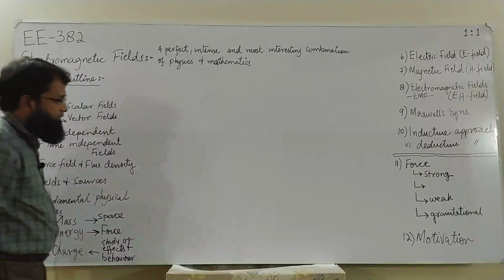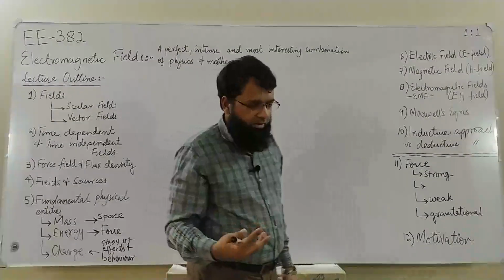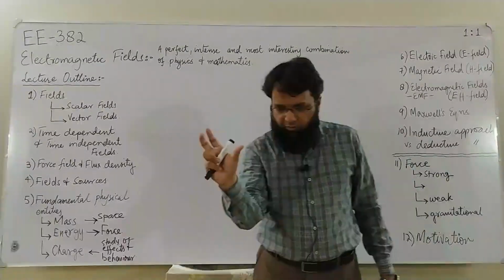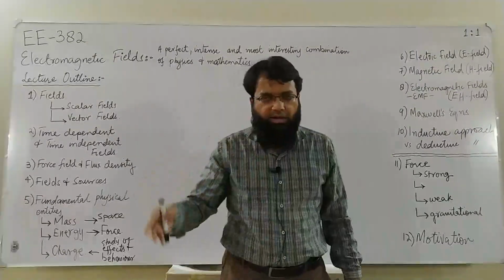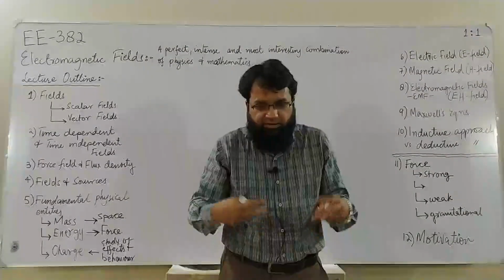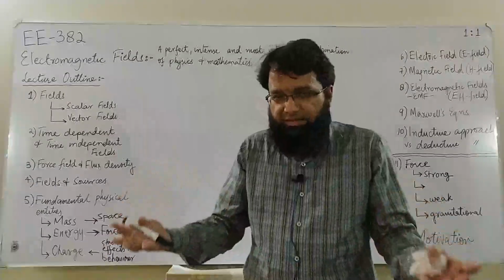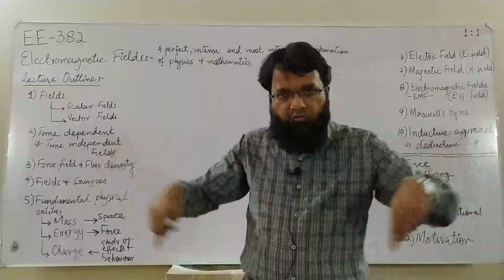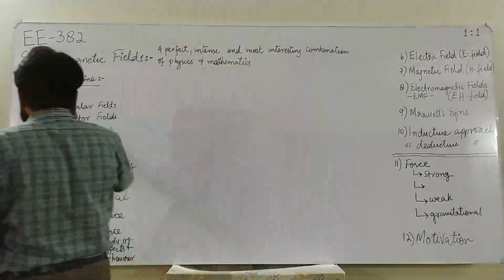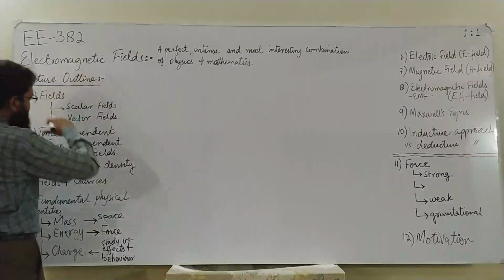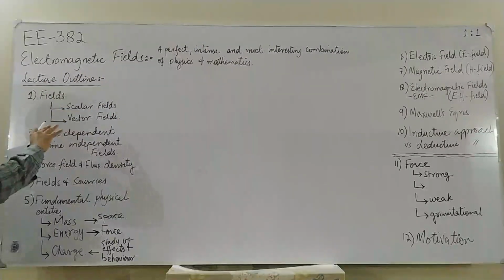Fields. If I just translate the meaning of this word fields from English to Urdu, it means Maidan, an area in which certain things happen, right? A bounded region, Maidan, right? So field is a bounded region in which something happens.